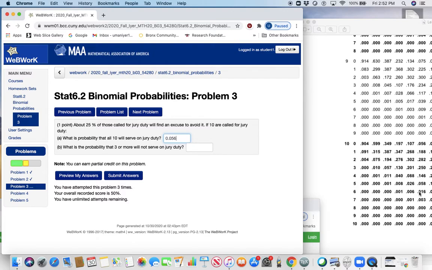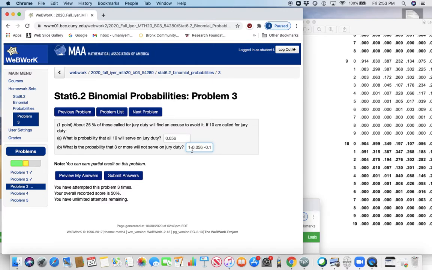You could either add all these numbers, or you could say 3 or more successes means from 100% take away 0 successes, take away 1 success, and take away 2 successes. 3 or more is the opposite of less than 3. 100% is simply 1.